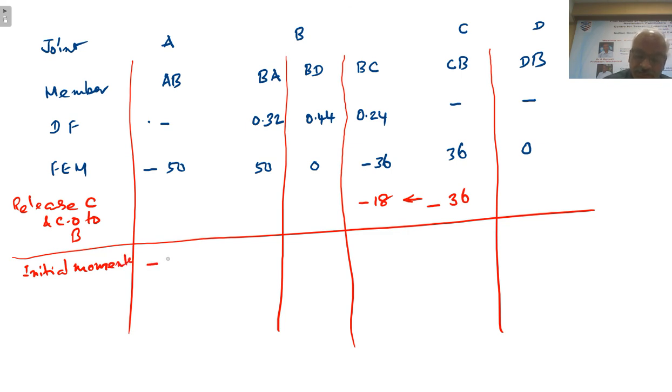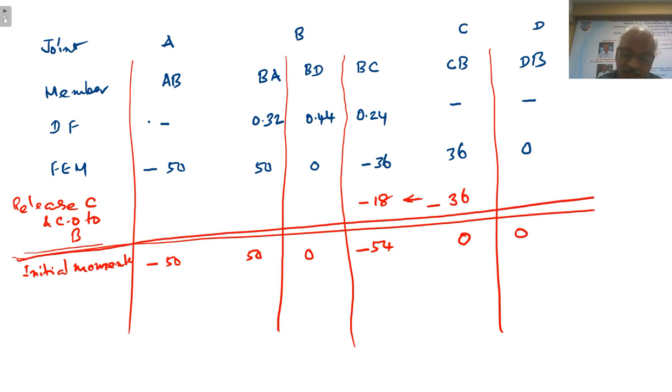Initial moments minus 50, because C is simply supported, the moment must be 0, therefore 0. When these two are added, minus 54, this is 0, this is 0. So above this you should not consider for final addition. Then this is initial, we have to add only the values below this.